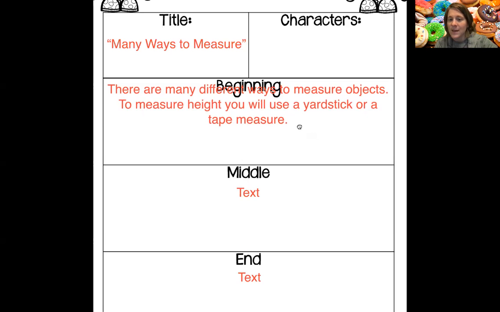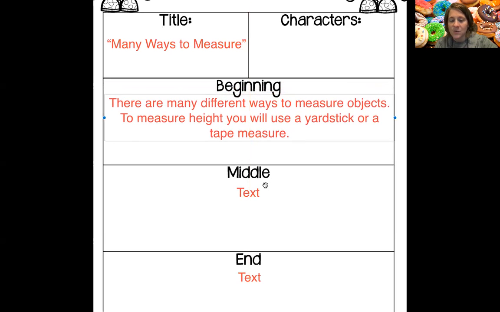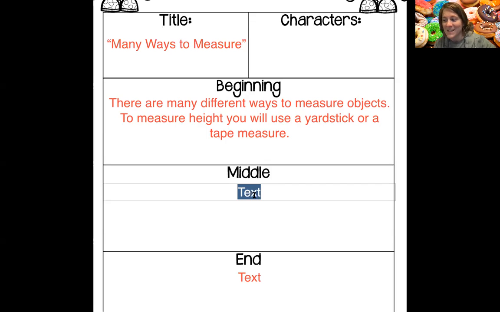Very nice work on that. Sorry, I had a little mistake there. I got confused on my writing. Okay, so then next it talks about the ways that you're going to measure weight. How much something weighs, how heavy it is. You guys got it, you're right.